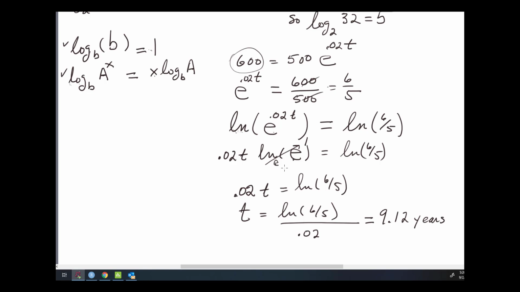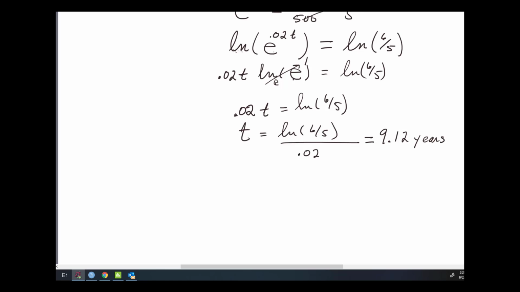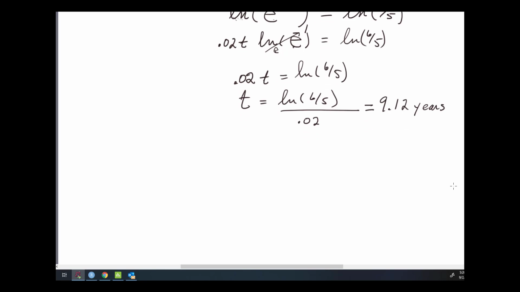But after about 5 years, I better start doing my planning and deciding whether I'm going to buy hay or introduce wolves onto the island. So a lot of study and a lot of work has to be done there. But just using the exponential function and logarithms lets me solve a really important class of problems.